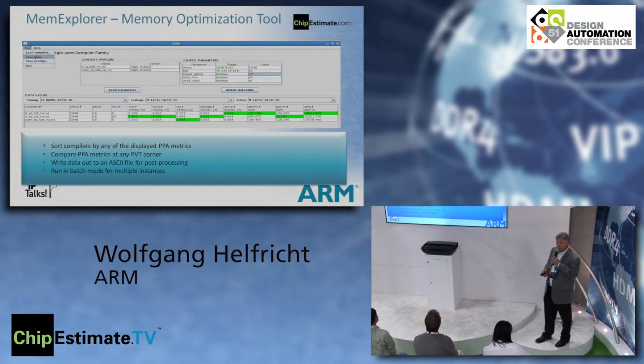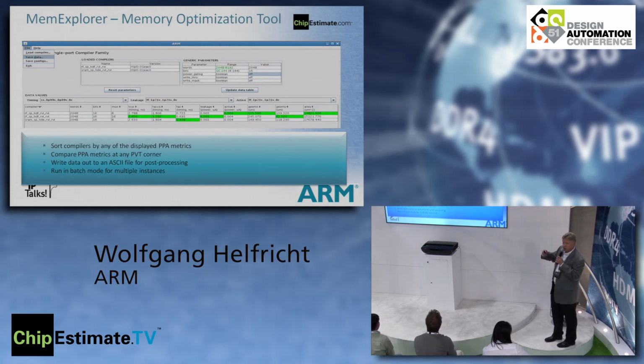We also have, for the different types of memories, a tool which we call Mem Explorer. This helps you in the area where the memories overlap in terms of size and functionality, to find the best possible memory for you. This can be the smallest area, best performance, or lower power, so there are different ways to select the memories.